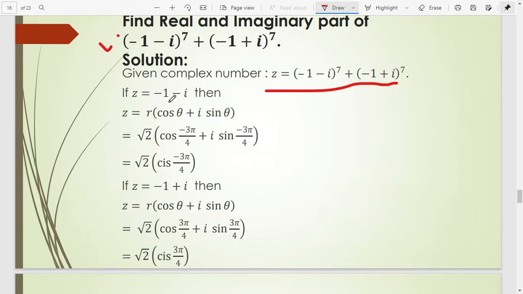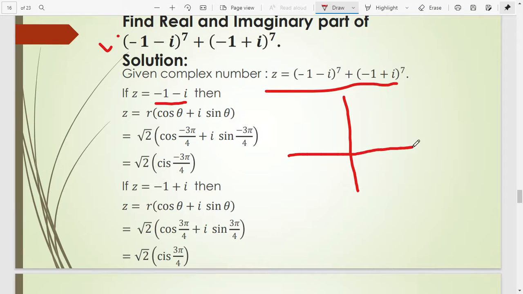Let z be equal to minus 1 minus I. In the graph, minus 1 and minus I, this is the real axis and this is the imaginary axis. So x is equal to -1 and y is equal to -1.